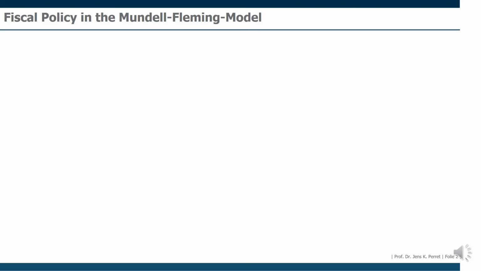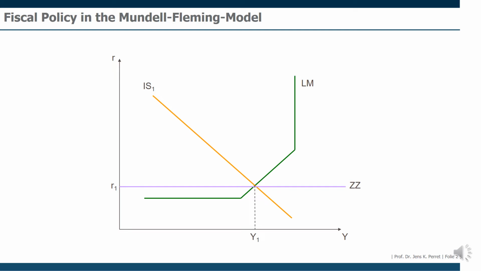I'm going to start with the classical Mundell-Fleming model. Here, the IS curve, LM curve, and ZZ curve all meet in the same point, which in this context is the general economic equilibrium.